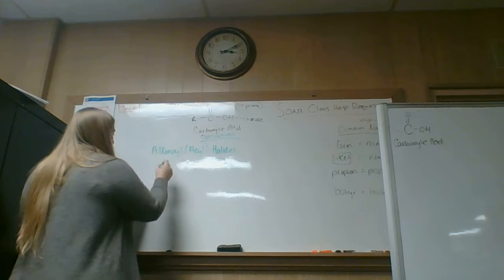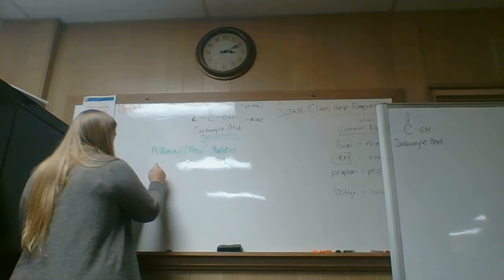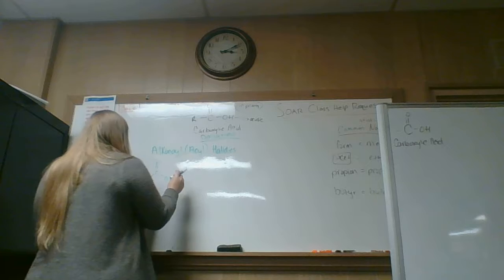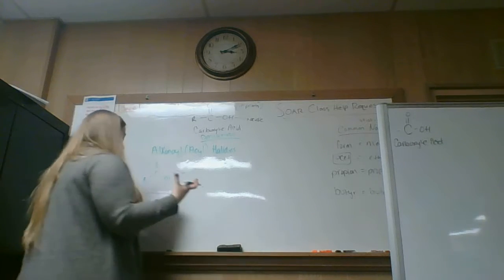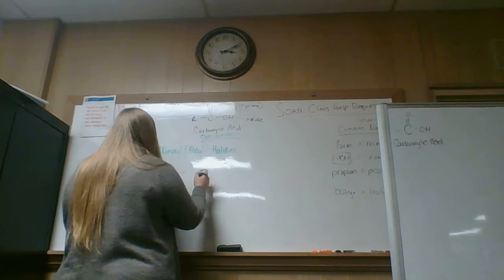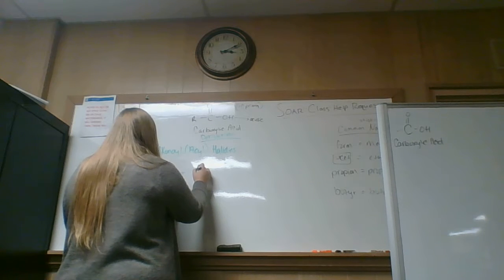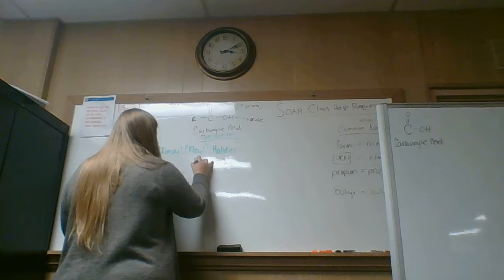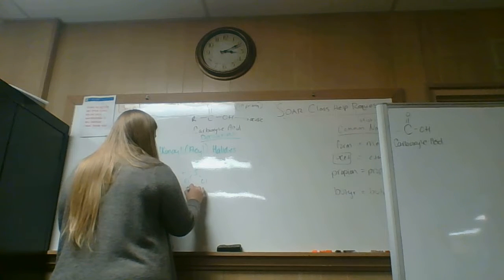So you take your carboxylic acid group, and you react it with something that has a halogen in it. So there's two different options that he gave. So you had, which is just thionyl chloride.